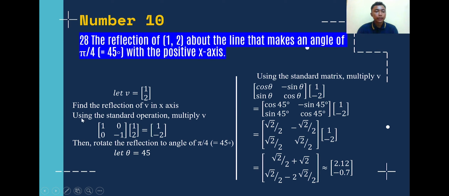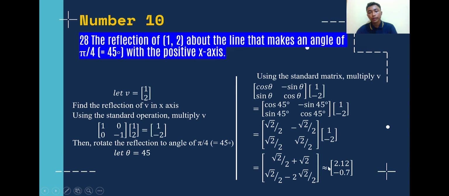First we find the reflection, then we multiply it with the rotation formula. Yes, the first we need to find the reflection with the x-axis, and the next is we rotate the result of the reflection by 45 degrees.